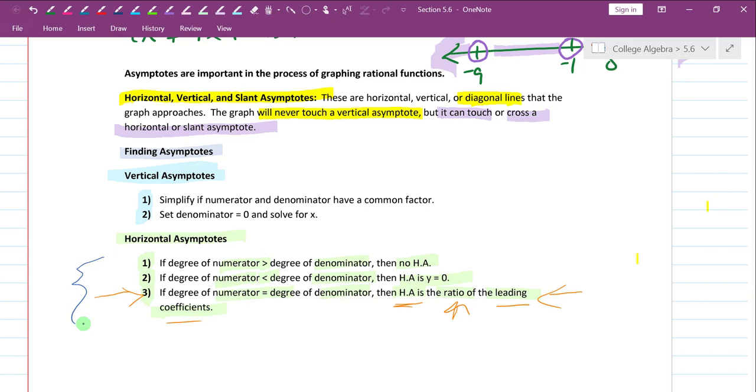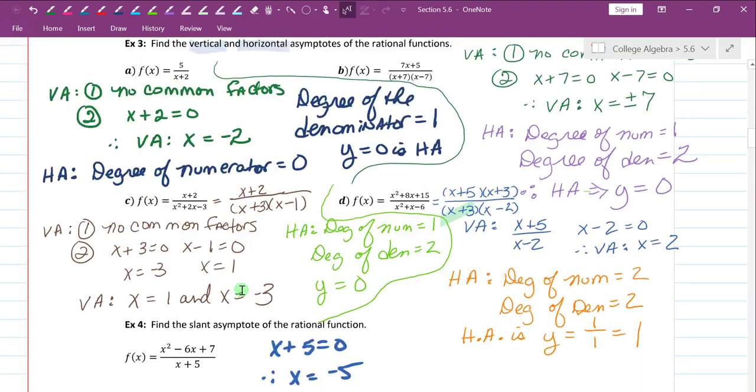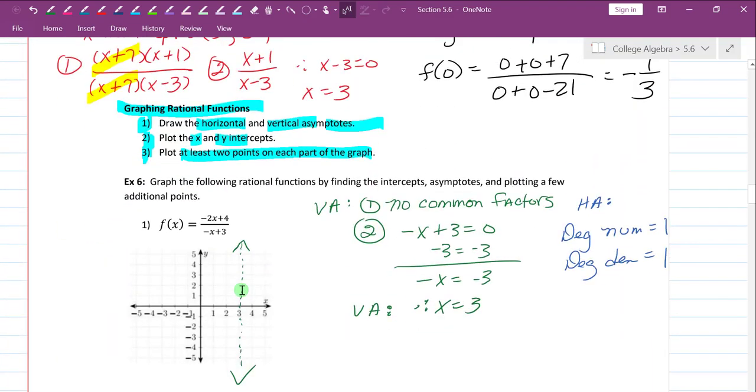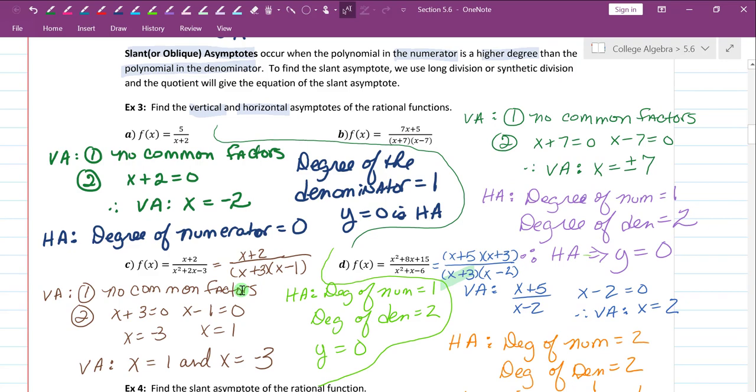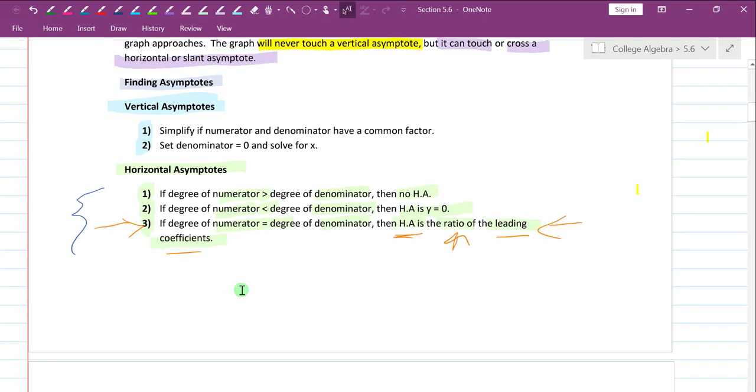Okay, so, kind of forgot where we were at on this. So let me go back down and see what my degrees were. They were equal. So with them being equal, that is going to be the third option right here. If the degrees are equal, then the horizontal asymptote is the ratio of the leading coefficients.